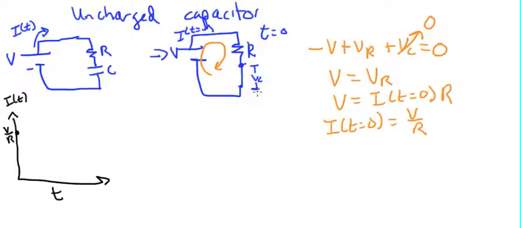Now let's go back over here and try and figure out what this circuit looks like for T approaching infinity. So take a second, figure out what's going to be right in there.